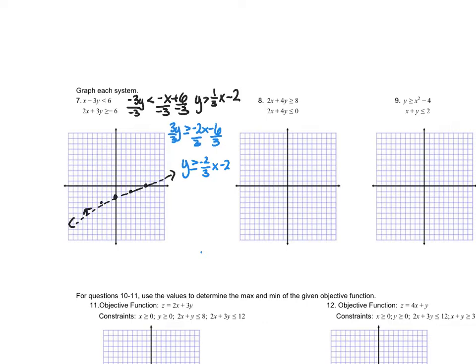We go down 2 and to the right 3. 1, 2, 3. Down 2 and to the right 3. And this is going to be a bold line. And this is shading above. So the place where these have overlapping shading is going to be right here.